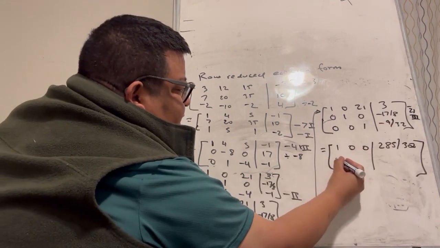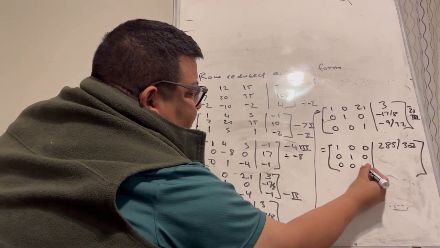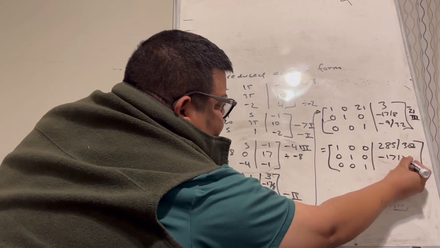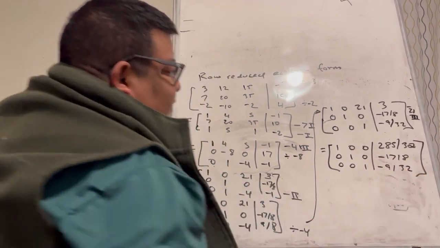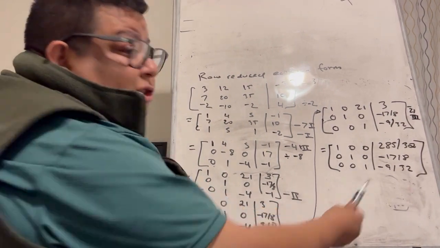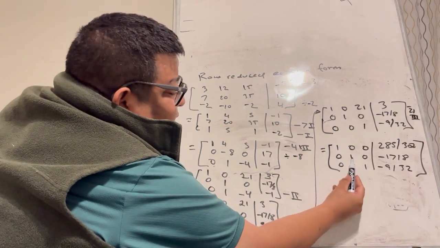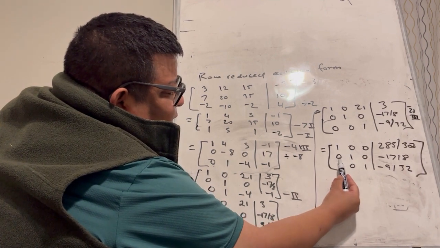and then the rest is the same because we're already in row reduced echelon form. So that stays negative 17 over 8, and then negative 9 over 32. How do I know this is in row reduced echelon form? Because if you notice, every row starts with 1, and anything to the left of it is always 0.